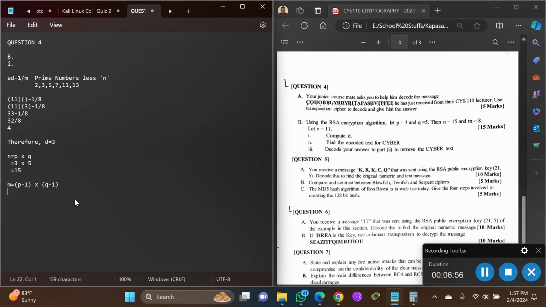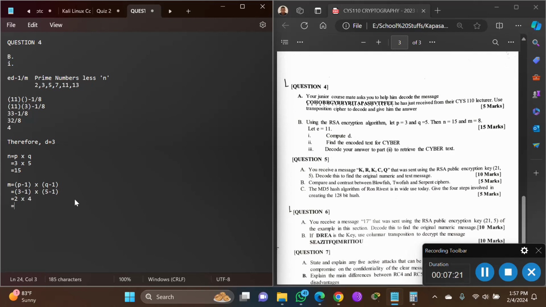That's the formula. Then our P, based on this question, is 3, minus 1, times our Q, which is 5, minus 1, then we close. So 3 minus 1 is 2, times 5 minus 1, which is 4.